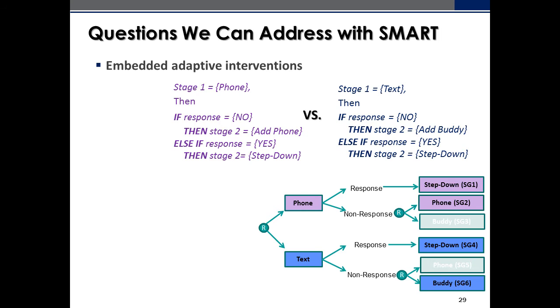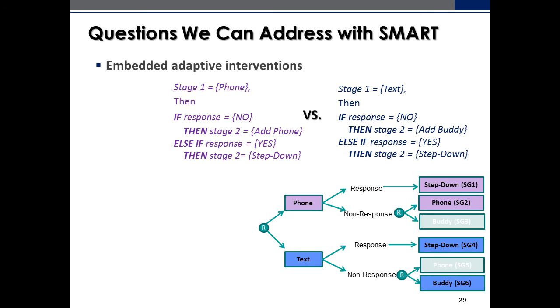But I want you to notice here that despite the fact that now the focus is on comparing embedded adaptive interventions, I'm still not comparing individual conditions, okay? Individual experimental conditions. I'm not going to compare subgroup 1 versus subgroup 4. No, this is a comparison of these two subgroups and these two subgroups, these two conditions and these two conditions. The reason why each adaptive intervention is represented in the design by two cells, two experimental conditions, is because an adaptive intervention describes what we need to do for both responders and non-responders.